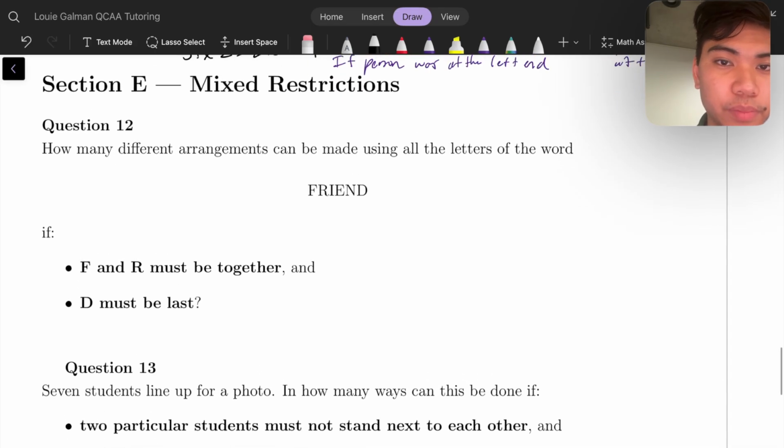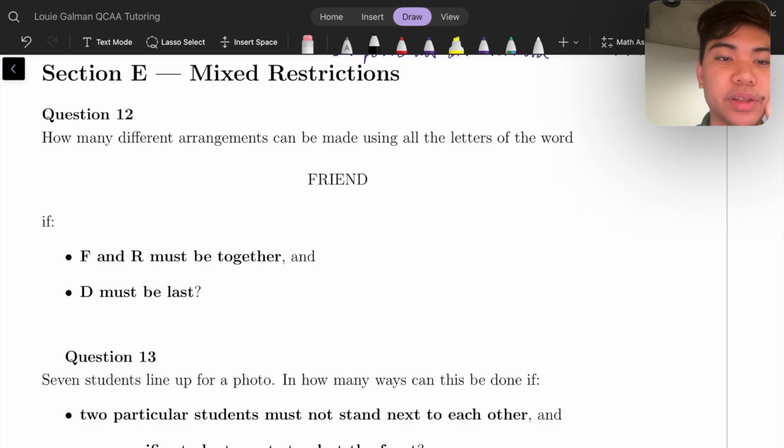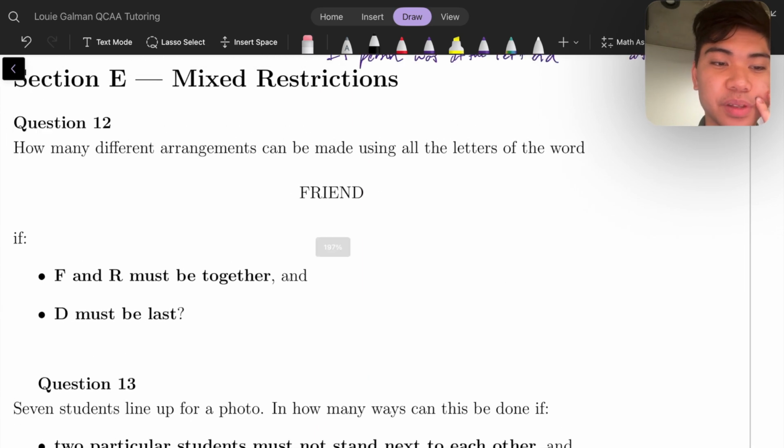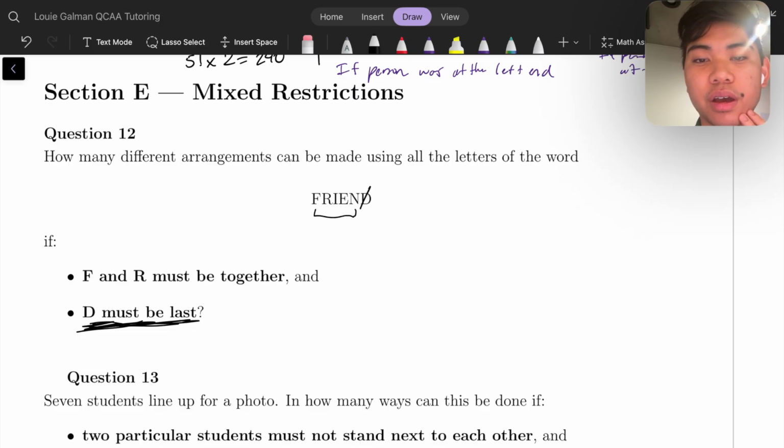Let's try section E, mixed restrictions. So question 12 asks us, how many different arrangements can be made using all the letters of the word FRIEND if F and R must be together and D must be last? Let's think of this step by step. I would start with D must be last because I know that fixed positions are pretty easy to work with, because I can just cancel this letter out and everything else I'm rearranging.